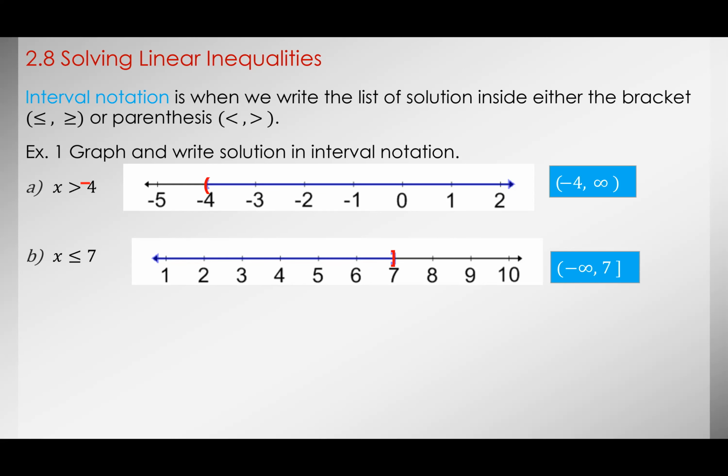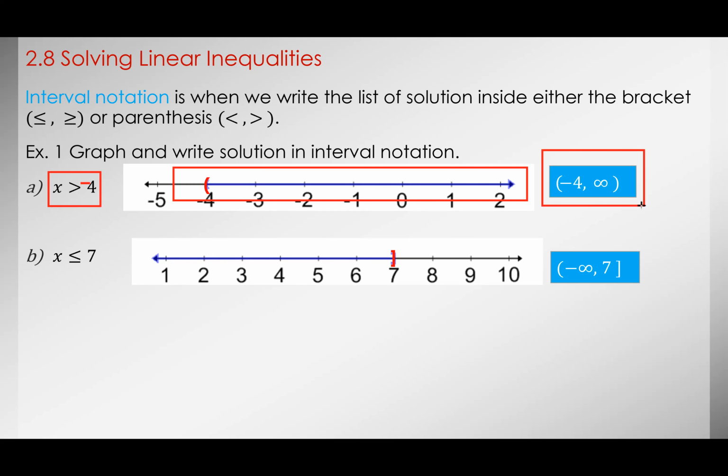I just group them together from negative infinity all the way to 7. So this is our inequality, and our goal is to graph it this way. This is your graph, and we need to put it in interval notation.